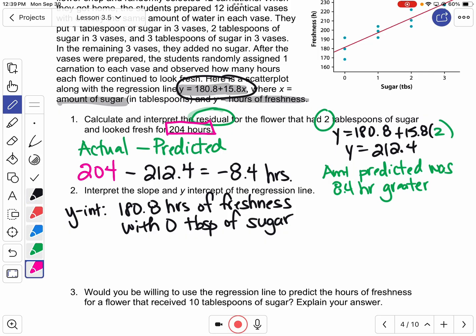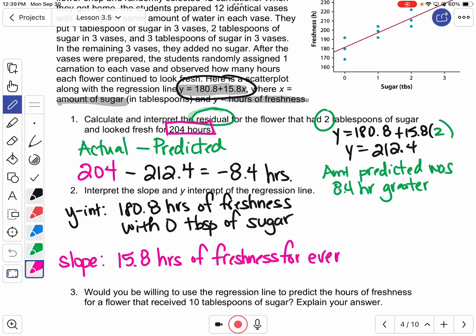The second thing we're going to look at is the slope. Which one of the numbers is my slope? 15.8. So that means 15.8 hours of freshness for every tablespoon of sugar.